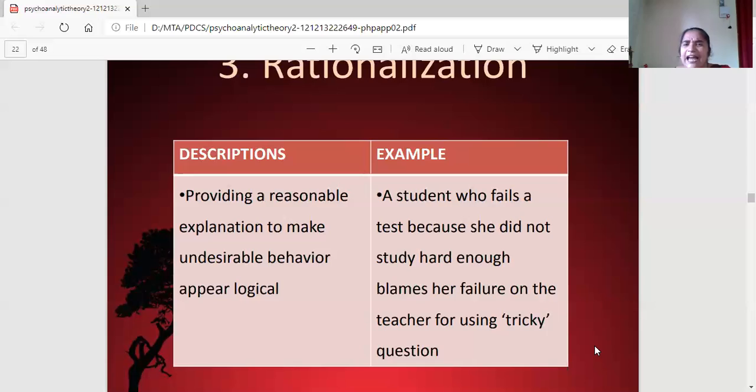So you're not saying that I didn't prepare well, or I didn't understand the questions, or I didn't write it well. So you're trying to give a logical reasoning for your failure or for your mistake. You're not taking the 100% responsibility on yourself. I didn't write because the answers were tricky, because it was not taught well. Okay, so this is called as rationalization, when you are reasonably explaining in detail a logical reasoning for your failure.